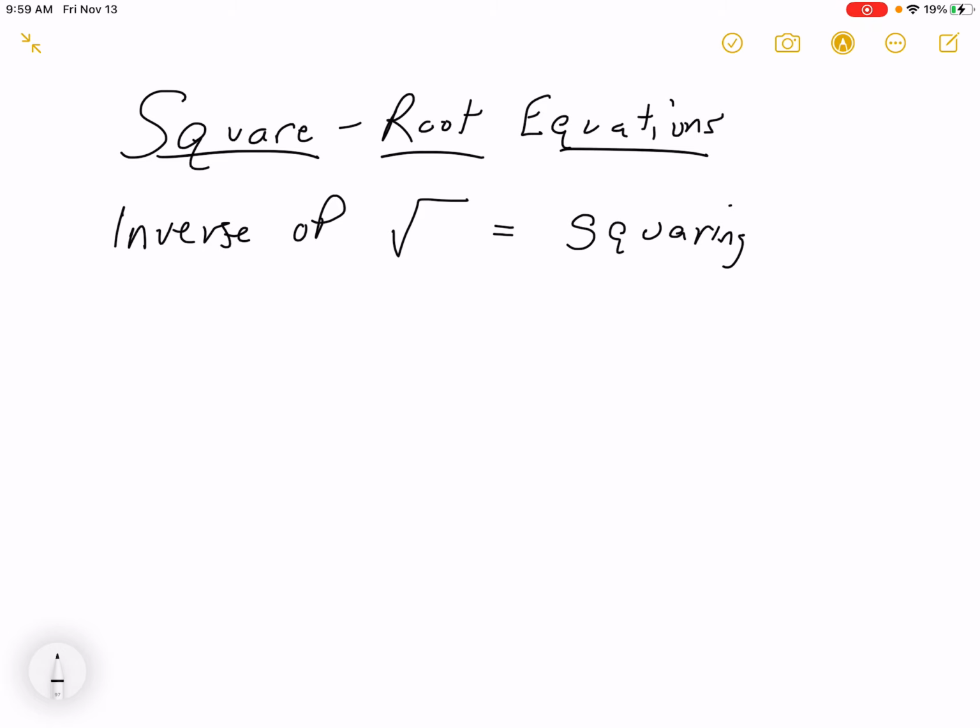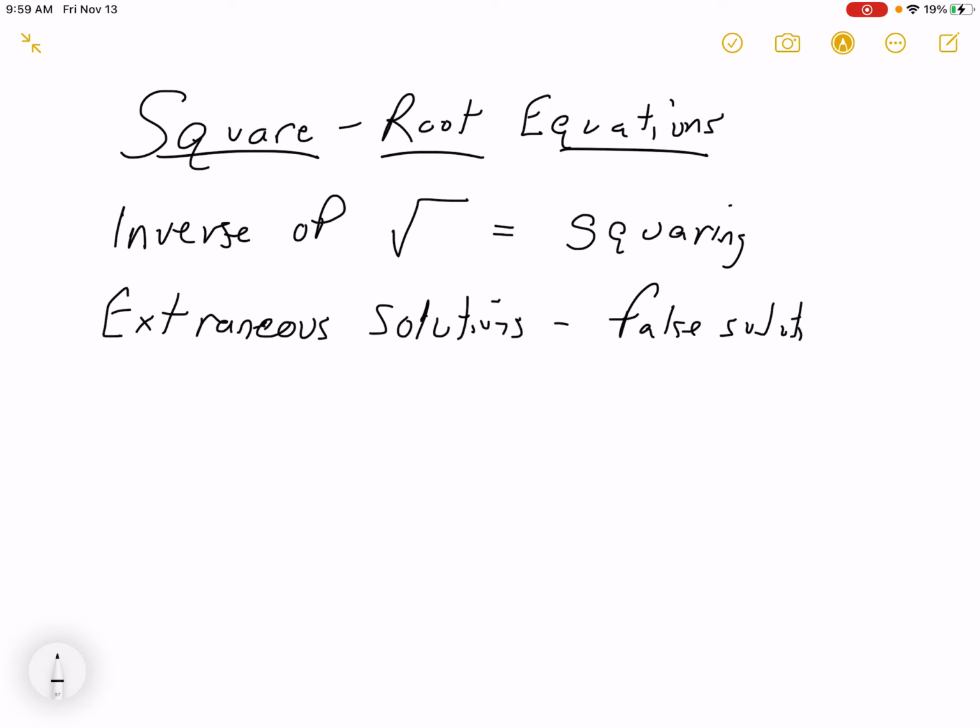Second thing, extraneous solutions are simply false solutions, meaning they do not check.